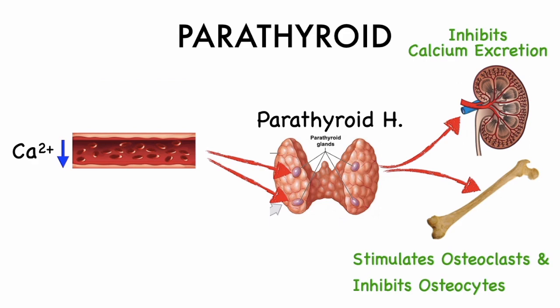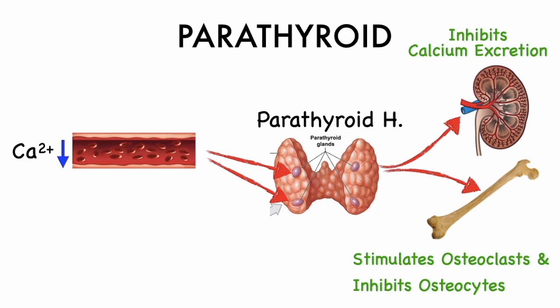So it's the osteoclasts that are stimulated by the parathyroid gland. Osteoclasts are sensitive to the parathyroid hormone. Also, it inhibits osteocytes. Osteocytes maintain and build, so it'll inhibit osteocytes and stimulate osteoclasts to dump enough calcium into the blood to restore blood homeostasis.